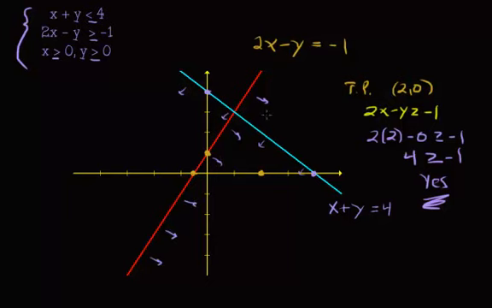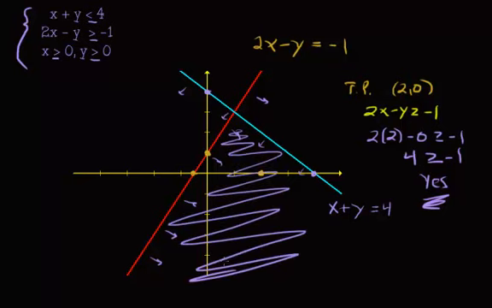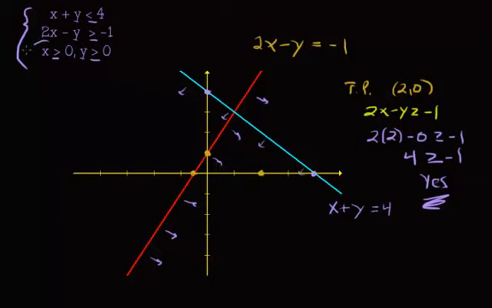Okay, now that I've figured out what sides I'm going to shade, you can kind of see from right here that these two lines, the arrows are pointing here. So this is where the overlap would be. But we do have these extra conditions, which again, right here, meant restrict yourself to the first quadrant.